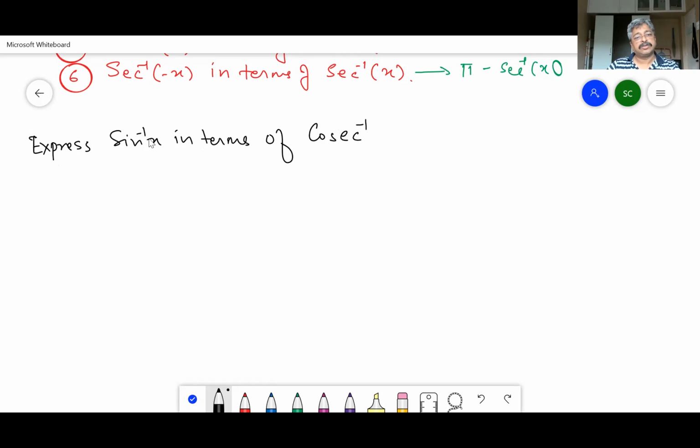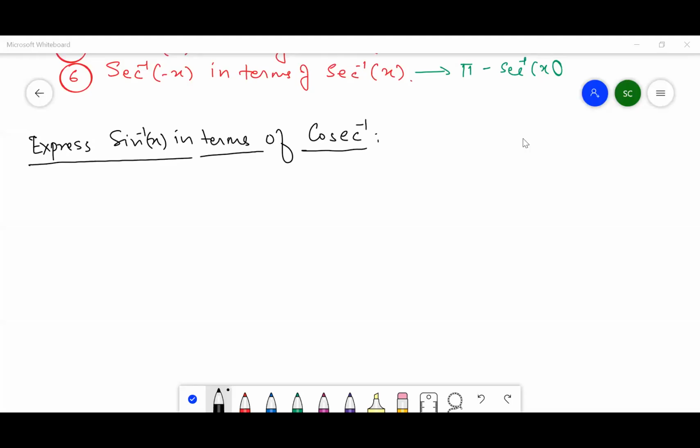Express sine inverse of x in terms of cosec inverse. I wait for 3 minutes. Okay, this is easy. The answer is cosec inverse of 1 upon x is sine inverse x.